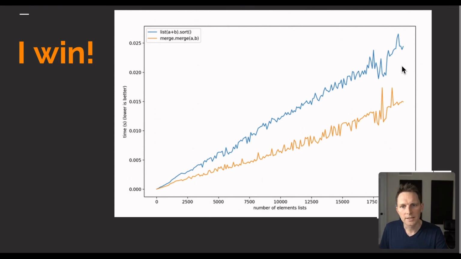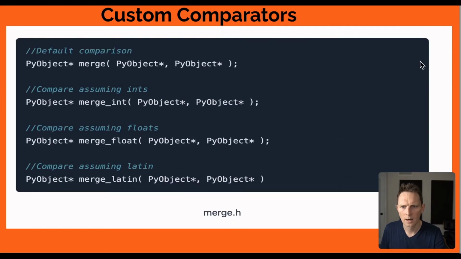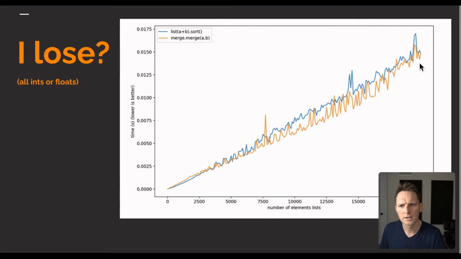But then I test it some more. Oh, slides went wild there. But then I test it some more and I lose, sort of. So this is ints. If I have just a whole bunch of integers in a list and I try to compare my merge against the default sort, it mainly beats it in most cases, but just by a sliver.